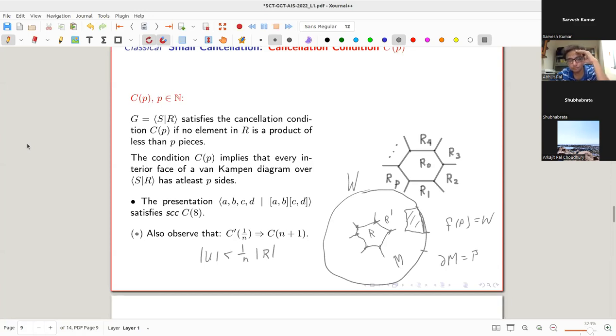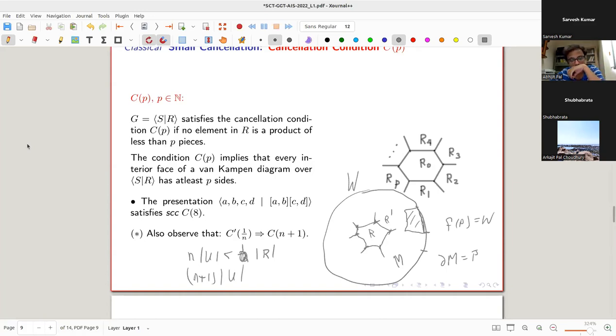If you take n of them, n of u will be less than the length of R, right? So you need at least one more.